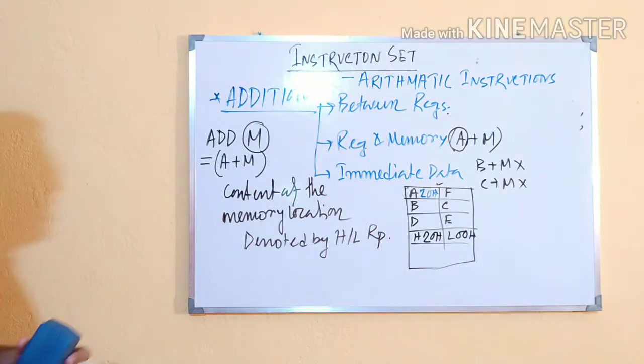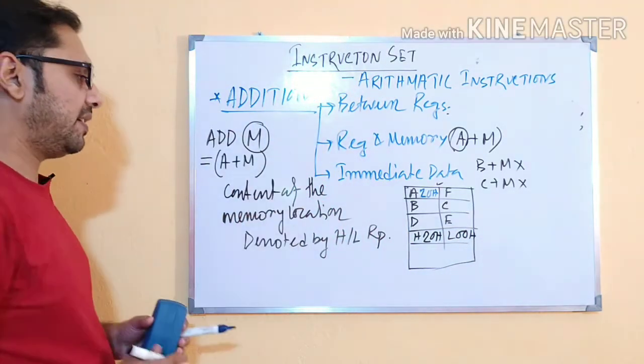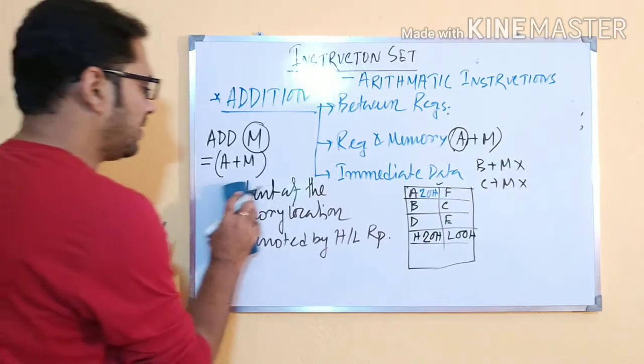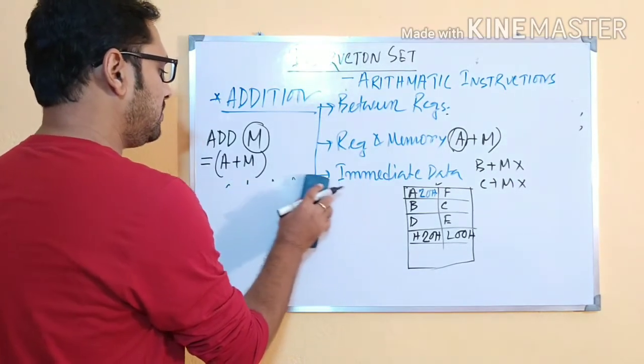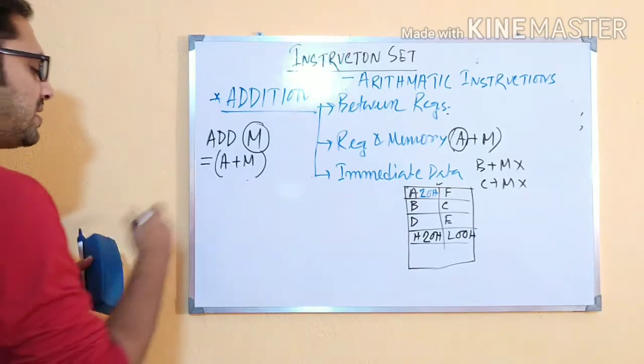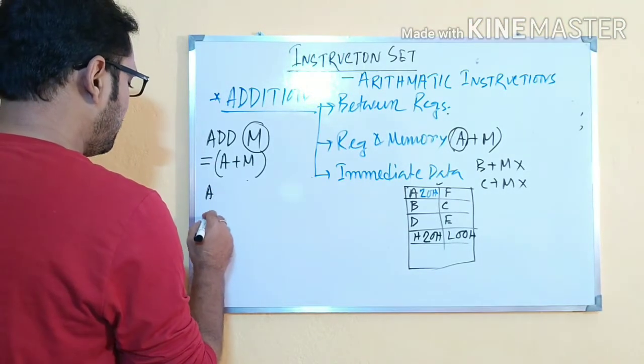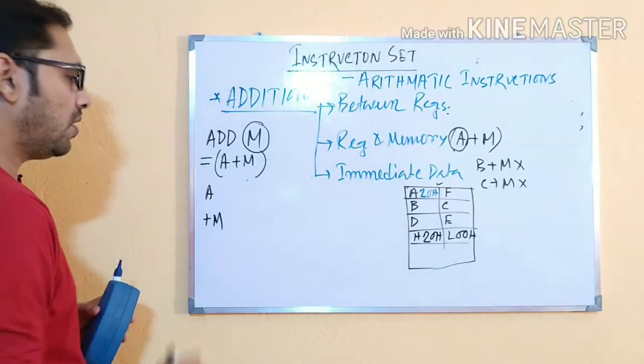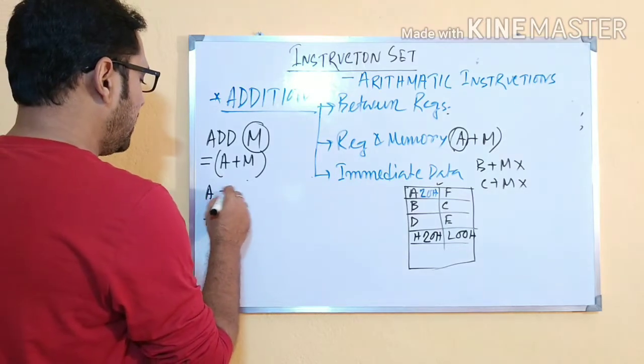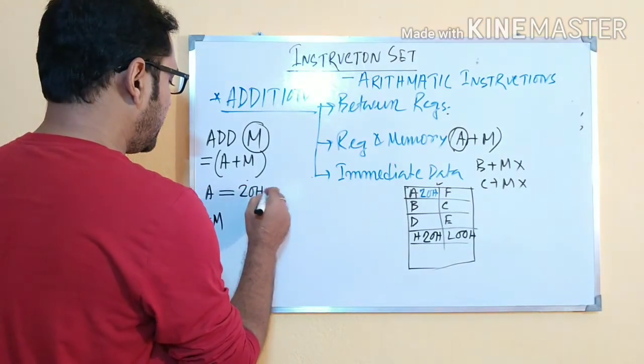So in this condition, I want to execute ADD M. Then what will happen? As I have written, A plus M. What is the value of A? A holds the value 20 hex.